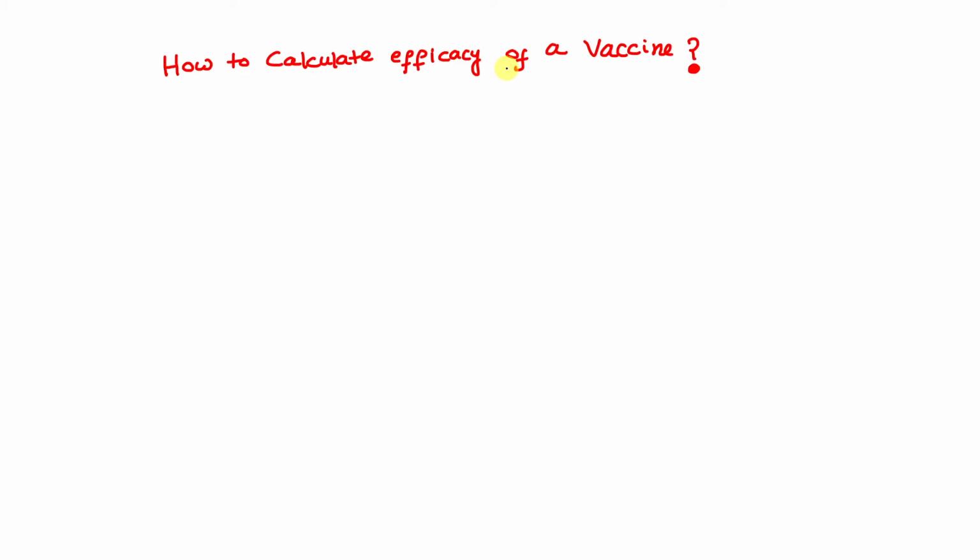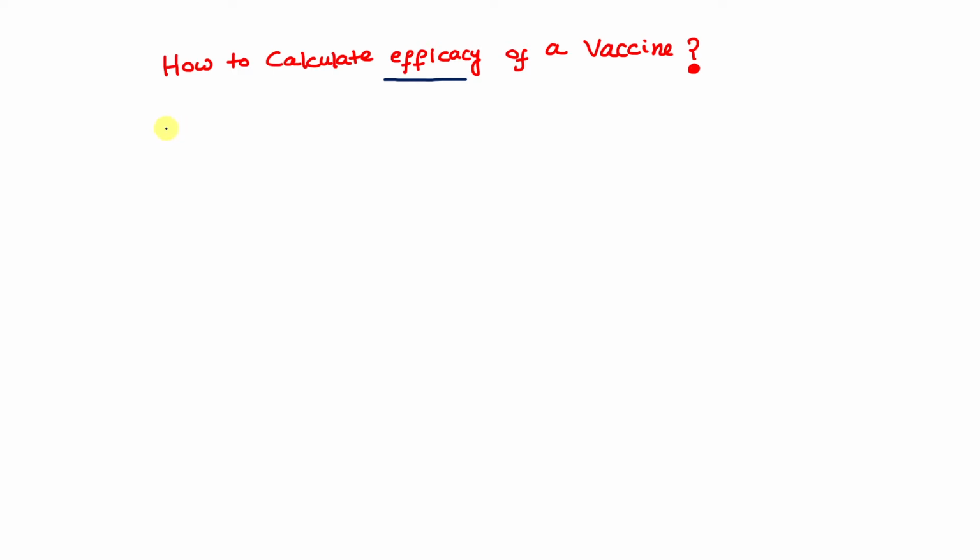So in this video I am going to talk about how to calculate the efficacy of any vaccine. You must have heard the word efficacy. Different vaccines have different efficacy. Now you must be wondering how this efficacy data has been calculated.